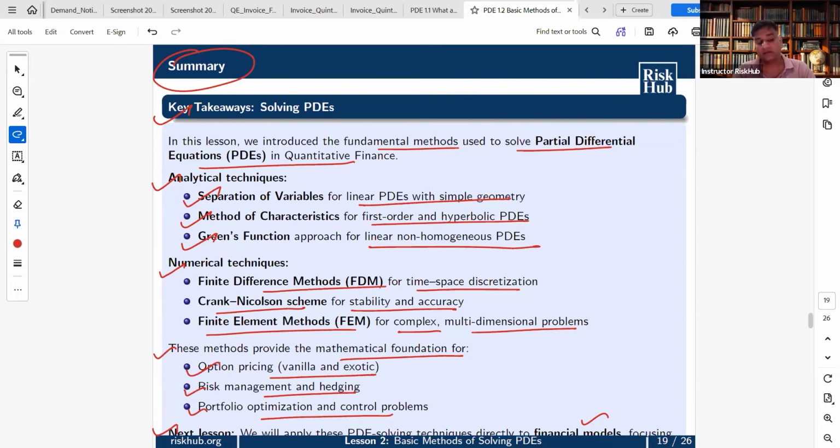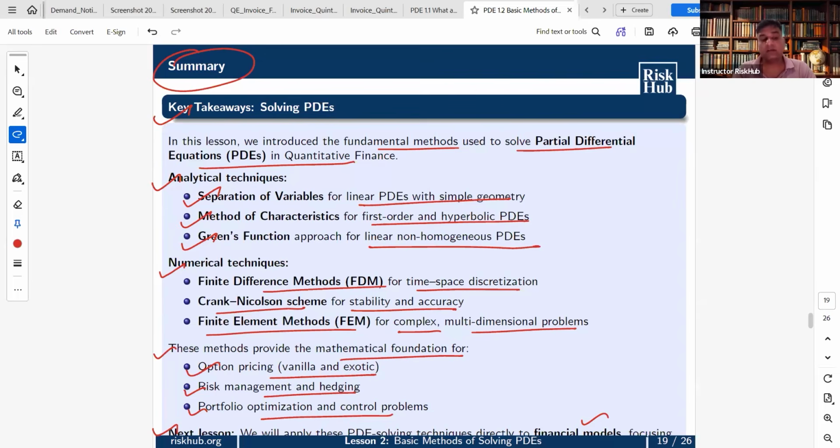Finite difference method, which is for standard option pricing grids, especially American options. Then in the numerical category, we have Crank-Nicolson for stable and accurate pricing, and then we have FEM, finite element method, which is for complex high dimensional domains, right? So the slide also says these methods support option pricing, risk management and hedging, portfolio optimization and control problems. That is the key bridge. PDE methods are not abstract math here.